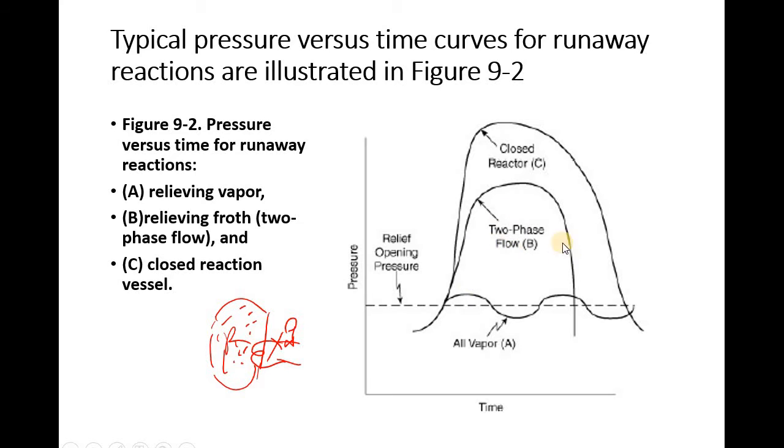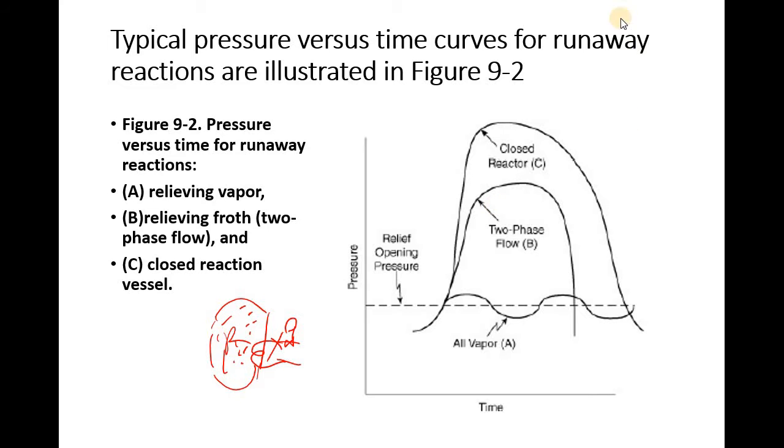If it was a two-phase flow, you still have an opening for the relief valve, but because it is not only gas, you also have liquid, which turns to gas and produces more and more gas. So it will still skip very high, as you can see here, much higher than the normal one.